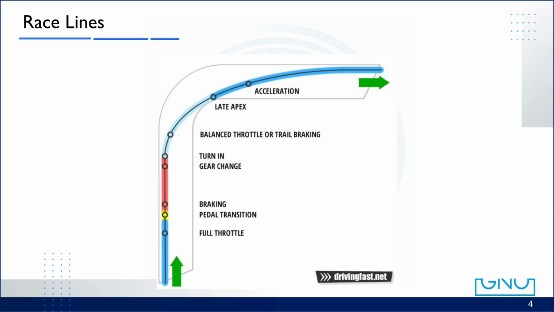In the illustration on this slide, you can see a typical corner. The racing line is determined not only by the turn itself, but also by what happens just before and just after the turn. For example, a late apex, followed by early acceleration, can allow the car to exit the corner with a higher speed.